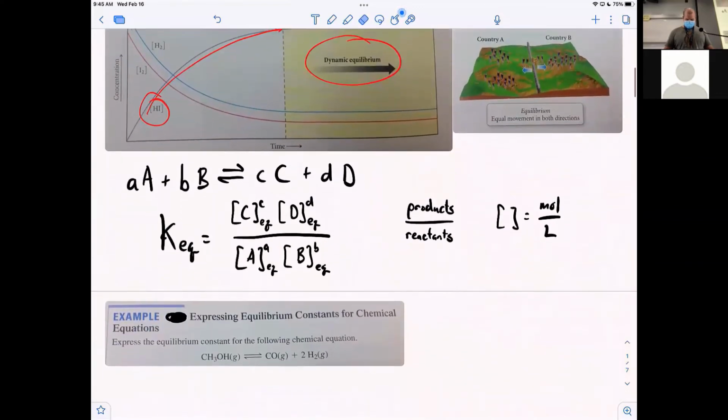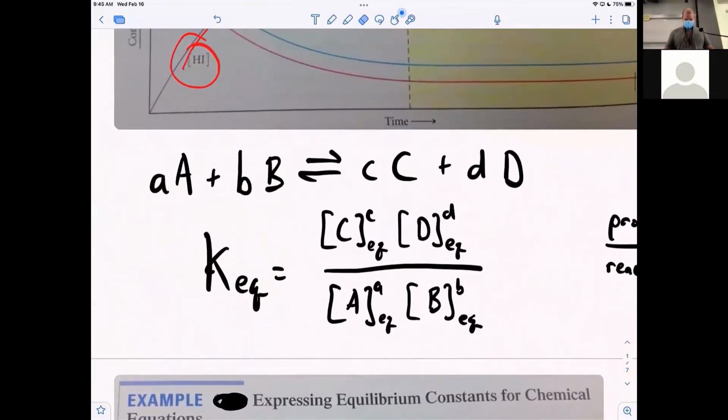Okay, so let's have the most generic chemical reaction you've ever seen. Little a stoichiometric ratio of reactant A plus little b stoichiometric ratio of species capital B. And these arrows, so if it's an arrow like this, it's an ugly arrow.